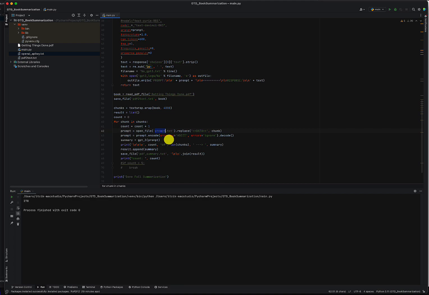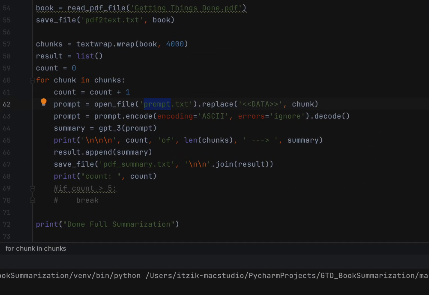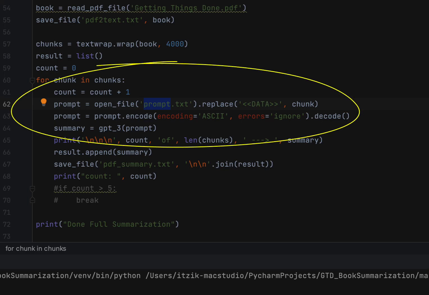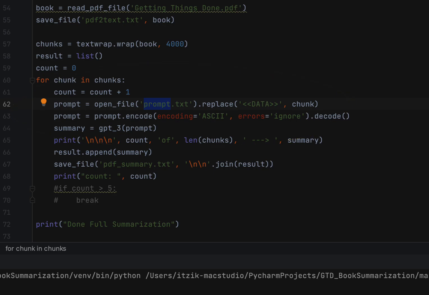So I looped over the text, split it into 4,000 characters, which is around 1,000 tokens, okay? So actually I left 3,000 tokens for the answer of OpenAI. Now, each chunk of text I insert into the GPT-3 function, which is actually the OpenAI bot, okay?